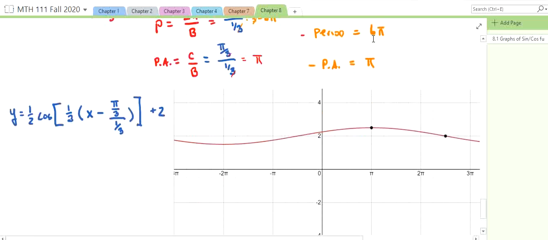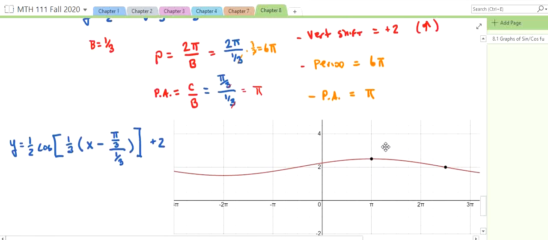I went ahead and plotted this with MathWay to check my result, and I can see my maximum value here is up here, and that occurs at pi.